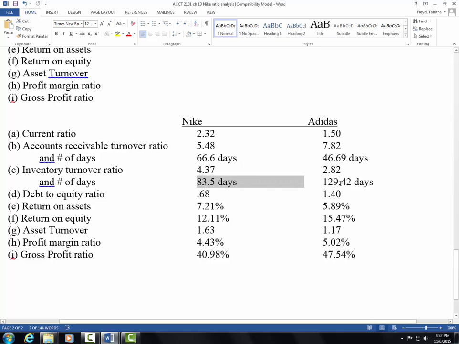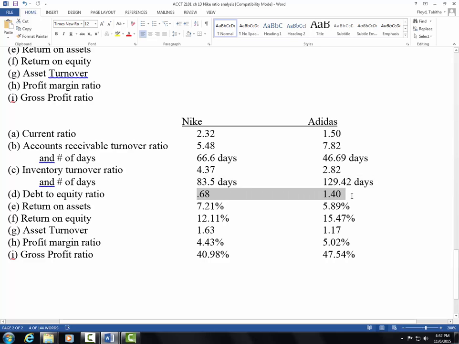You can convert that to days, and it may be easier for you to see. Nike on average is keeping their inventory on their shelves for 83.5 days before it's sold. Adidas has its inventory for 129 days before it's selling it on average. So you can see with the days, Nike's better at selling their inventory faster.